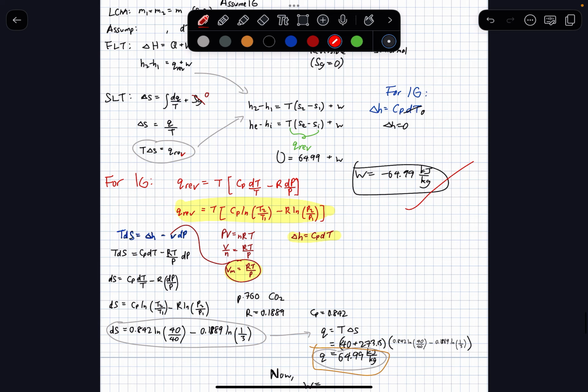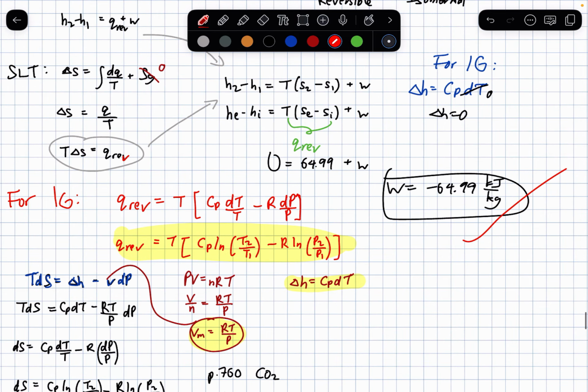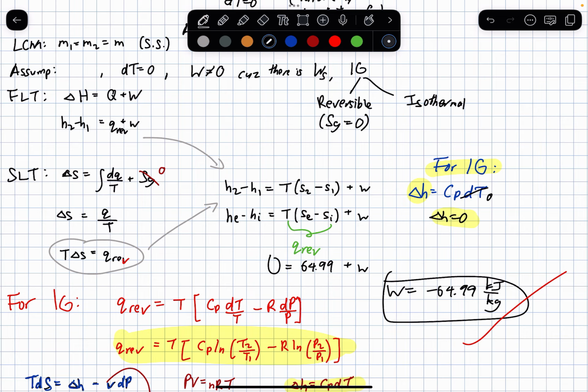Therefore, so I think that's another realization. For ideal gas, change in enthalpy is 0. So in the energy balance, negative W is equal to Q rev. Wow!